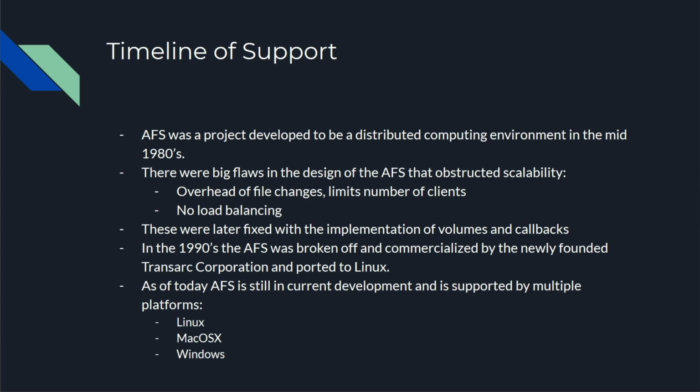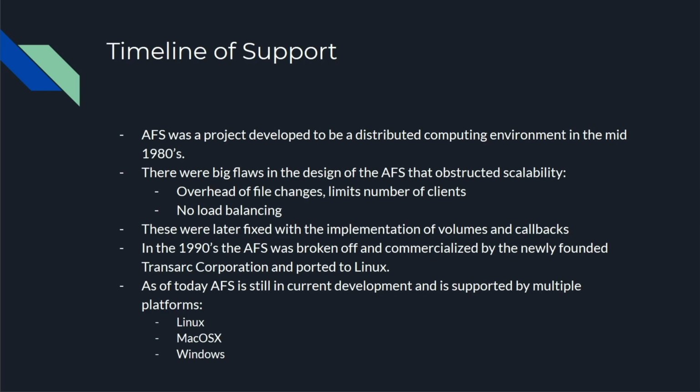In the original design, there were big flaws that obstructed scalability. One of the flaws being the overhead of file changes. The file server would then have to keep trying to see if the file was updated. That caused a lot of overhead, and it limited the number of clients that a file server could take on, because after 20 clients, the file server CPU utilization would be at 100%, so no more clients could be taken.